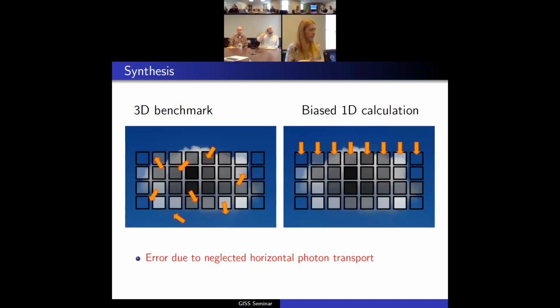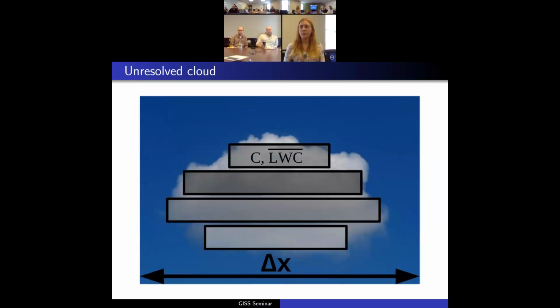However, in models with limited resolution, such as regional models with grid spacing between 1 and 5 kilometers, such a cumulus cloud would be unresolved, and it would be represented like this in a regional model.